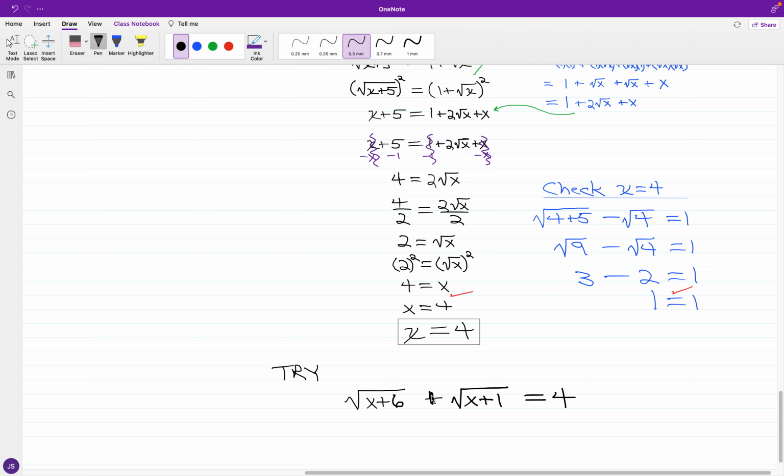Okay, let's see what we get for x whenever we have the square root of x plus 6 plus the square root of x plus 1. So we're going to have this time the sum of radicals, where we have is equal to 4. So let's see what we get for x if there is any solution.